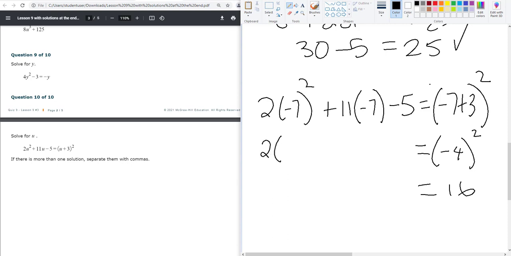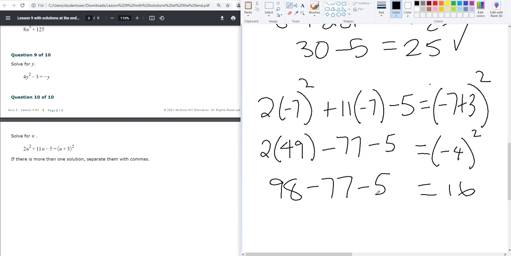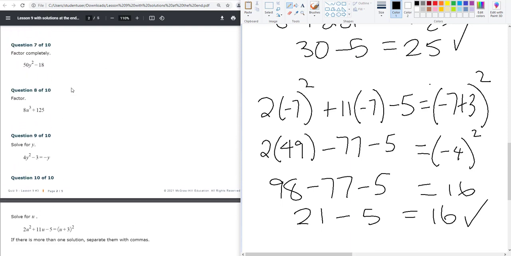Over here, it's 2 times 49, because negative 7 times negative 7 is going to be a positive 49, minus 77 minus 5 is 98 minus 77 minus 5, and if you do that on your calculator, you'll get 21 minus 5, which is 16. So once again, it also checks. So it's a good idea to check these, and it's also a good idea to check all of your factoring by multiplying.